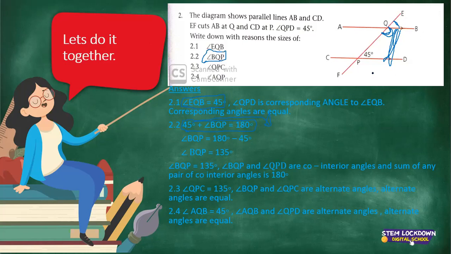So when you are on the same side of the transversal, we have co-interior angles, and when you add both of them, they must give you 180 degrees. That's why we had this equation right here, and our answer was 135 degrees.